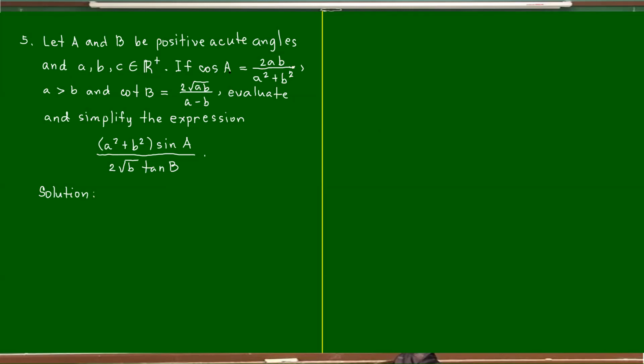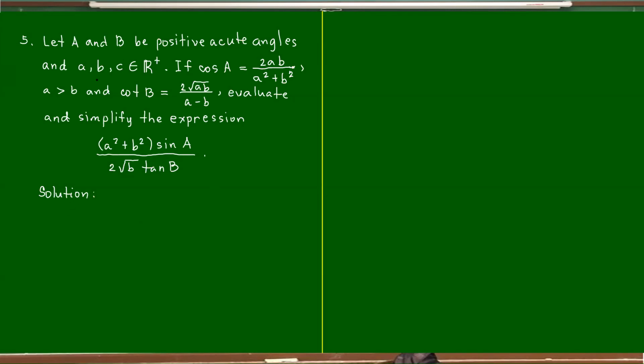If cosine of angle A is equal to 2AB all over A squared plus B squared, where A is greater than B, and cotangent B is equal to 2 square root of AB over A minus B, evaluate and simplify the expression (A squared plus B squared) sine A all over 2 square root of AB tangent B. Okay? So this is what we are asked to simplify.